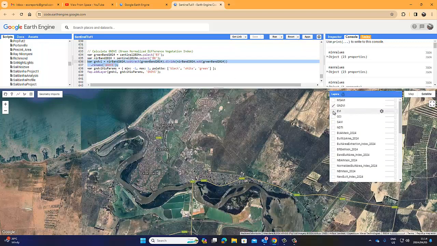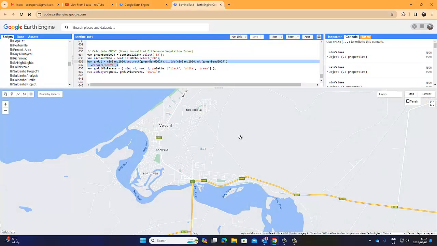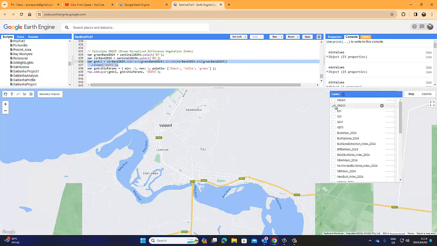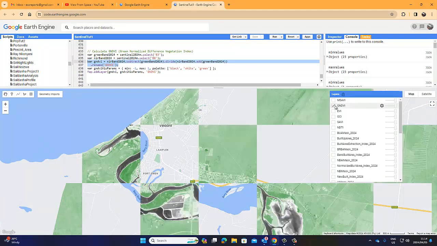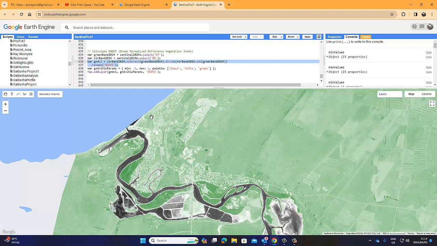Let's go back to the map and see how that looks. Okay, so here we sit. There's our green normalized difference vegetation index, which is again an evolution of our NDVI.